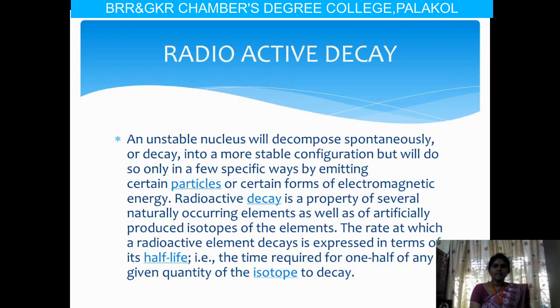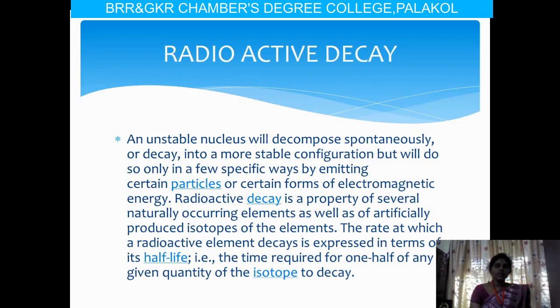So the next topic is radioactive decay. Before going to radioactive decay, we have to know first what is meant by radioactivity. The stability of an isotope can be determined by the ratio of neutrons and protons, which can be assessed by a graphical representation. If the nucleus has the same proton and neutron ratio, that is called a stable isotope.